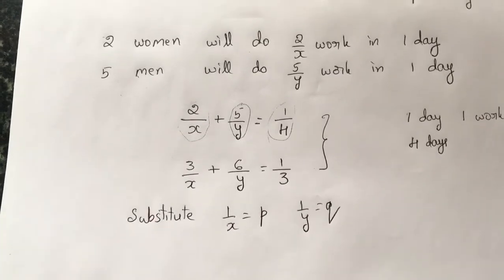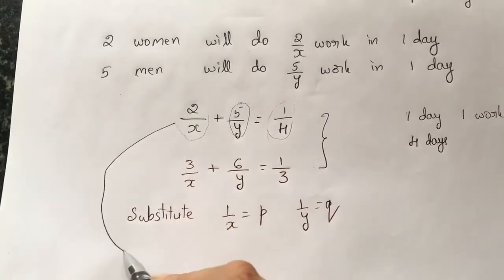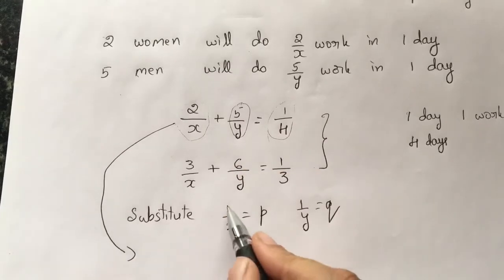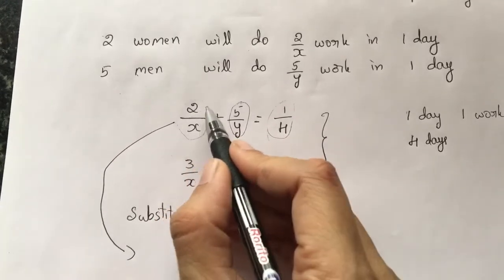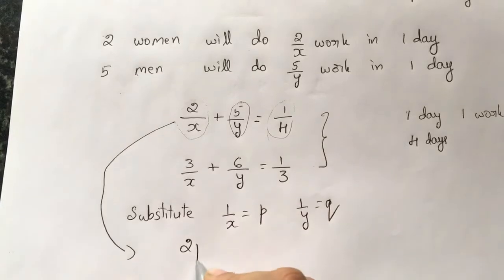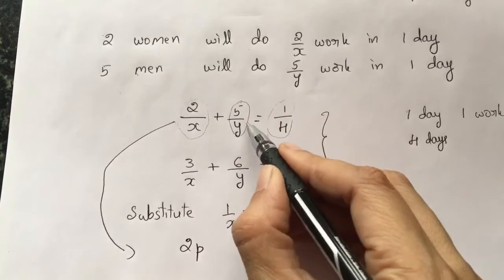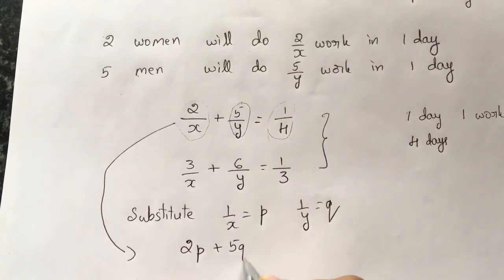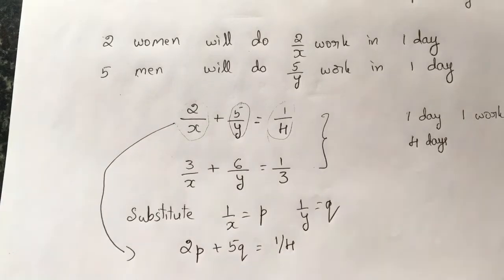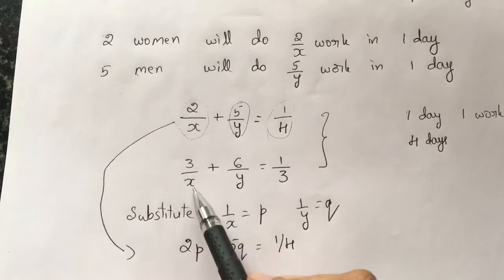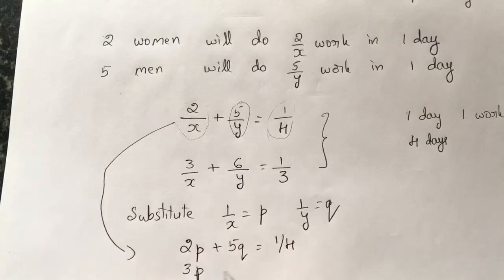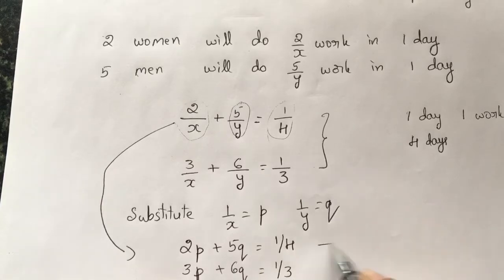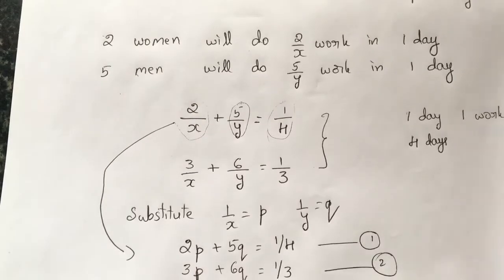I'll just substitute and rewrite these 2 equations. 1 by X is p, so 2 into 1 by X, so I'm directly writing 2p. 5 into 1 by Y, so it's 5q equal to 1 by 4. Then 3 into 1 by X can be written as 3p and 6 into 1 by Y is 6q equal to 1 by 3. So these 2 are my equations now. We'll solve.